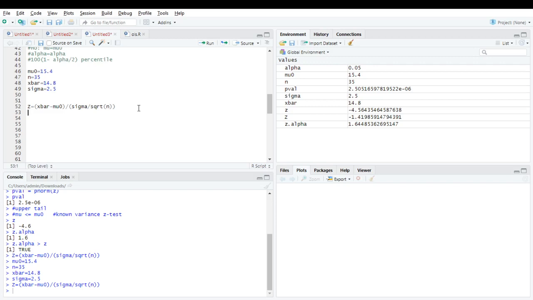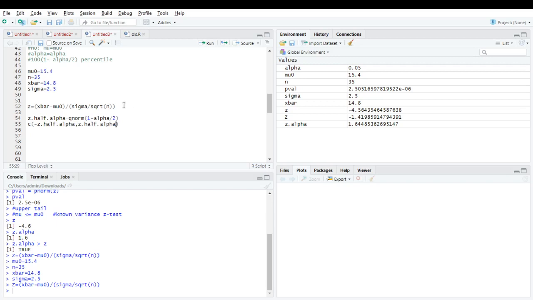Then again we have alpha given. Now this time we have to change, the z half alpha will be q norm 1 minus alpha divided by 2, and your range will be from minus z half alpha to z half alpha.